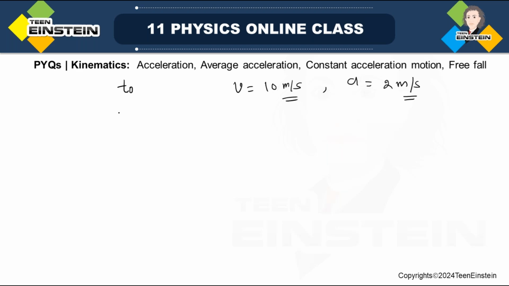Now 3 seconds before, that means time is this. How much was the initial velocity? Let me take this as the initial state. So what was the initial velocity at this time? I have to find out u. Let us find that out.